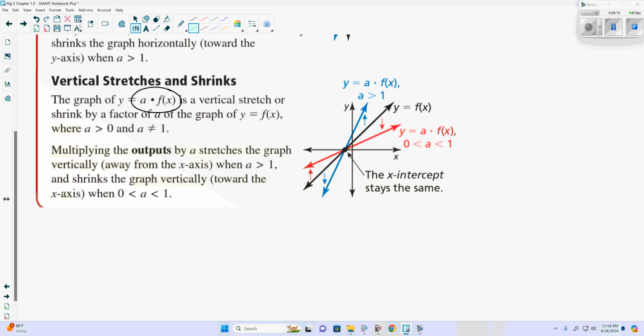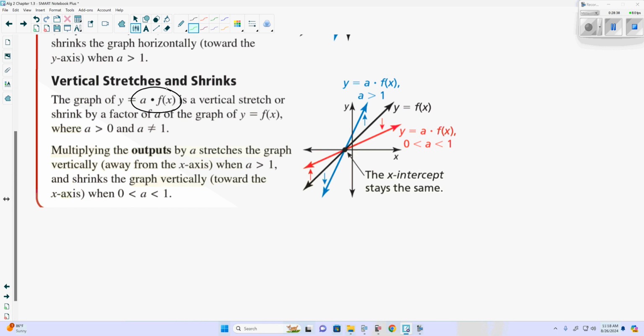Okay. So they gave us two: vertical stretch and shrink. It's a stretch if A is greater than 1. It's a shrink if A is between 0 and 1, which we had from the other one. Now, if you notice on the notes, for vertical stretch and shrink, we only have one form. It's A times f of x.